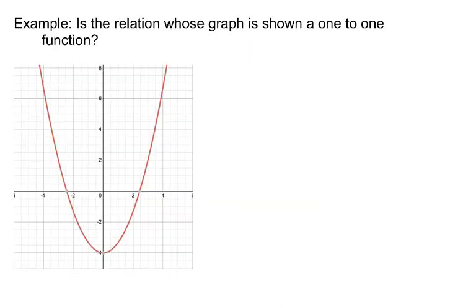Now, it is also true that relations and functions are defined by graphs. And let's take a look at this graph, which I'm just going to jump in and claim is a relation. And I want to figure out if the graph is a one-to-one function. Well, what we've kind of already seen is that a one-to-one function is a subcategory of the collection of functions. So we first have to ask ourselves the question, is this a function?